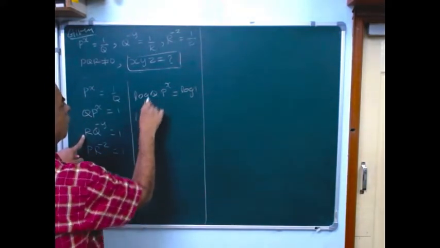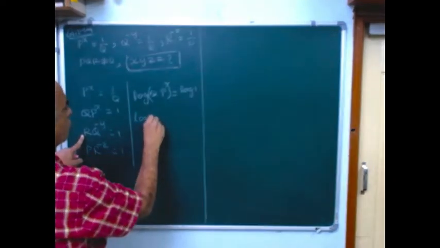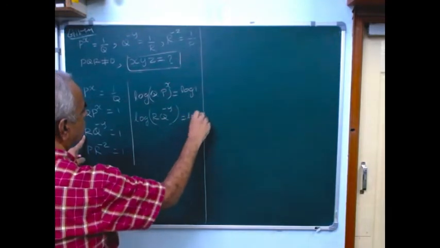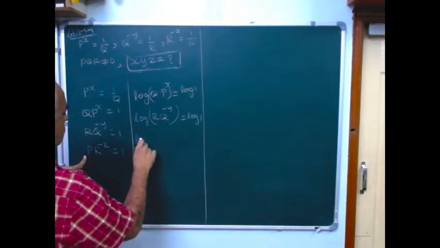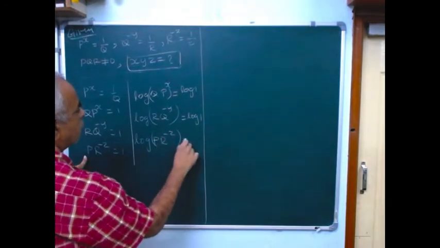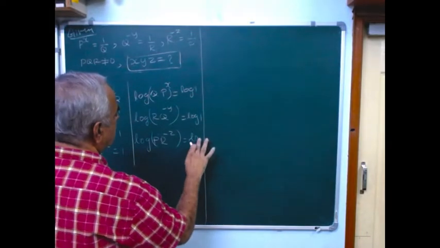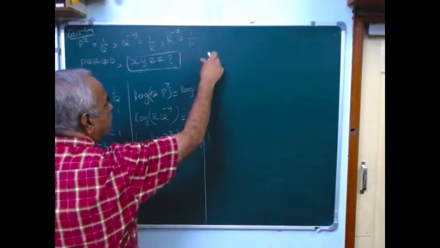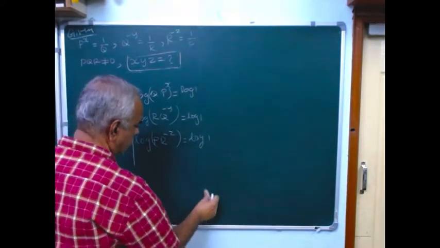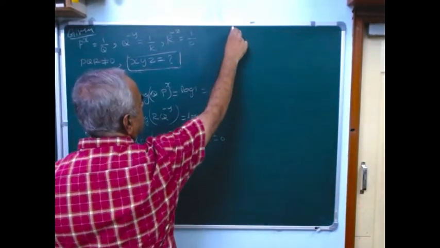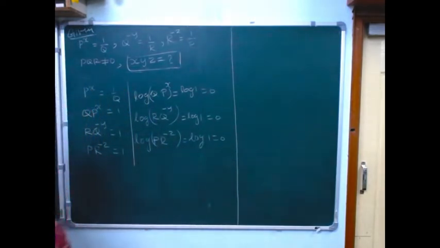Log of, and you have to put the bracket, r q power minus y is equal to log 1, and third, log of p r power minus z is equal to log 1. In fact, we know already log 1 is equal to 0, so the RHS becomes 0 in all these cases, right?